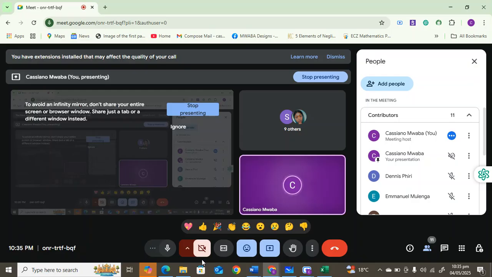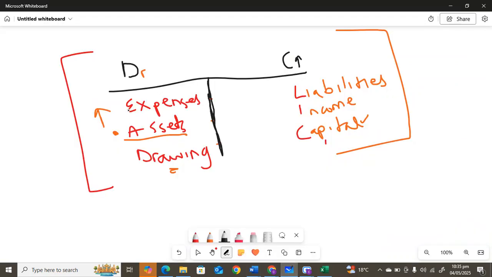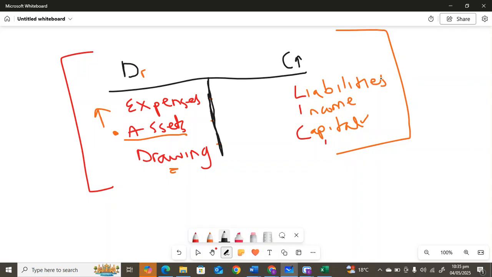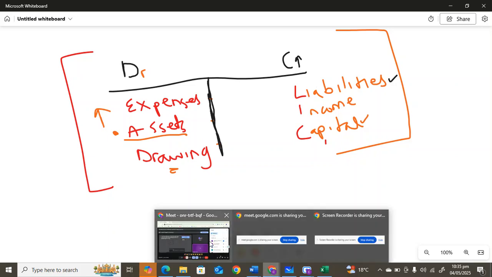Purchases is an expense when you come to the double entry rules. Increase in an expense, you debit. That's why we're debiting purchases. DACA is a liability, is a payable. Okay, so it falls under liabilities. Increase in the liability, you credit. Is that okay, Mr. Dennis? Yes. Anybody else before we move to the next transaction?